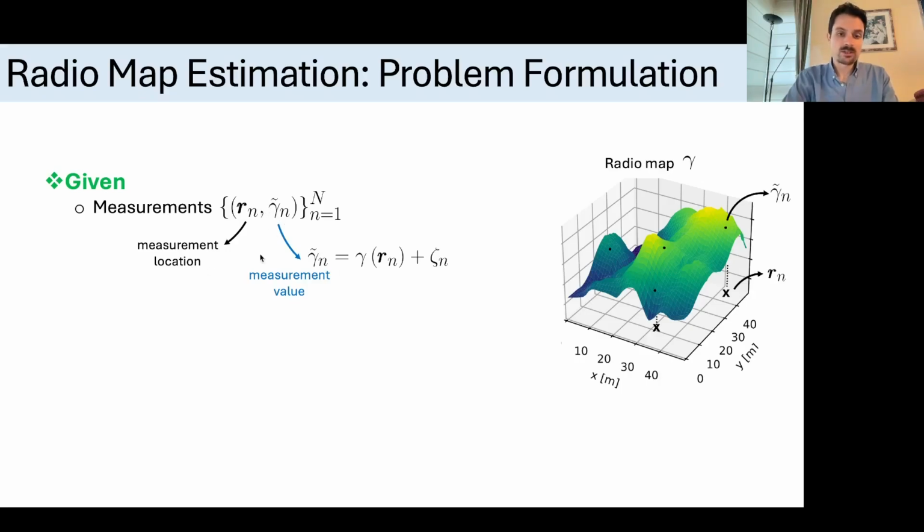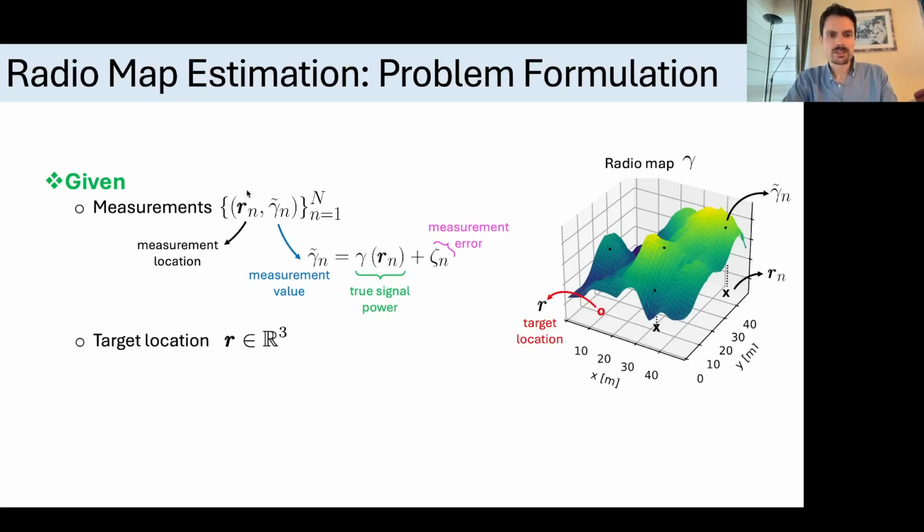The observation values are therefore referred to as measurement values, and again comprise a signal term, which is the result of evaluating the true function that we would like to estimate at this measurement location, and also noise.